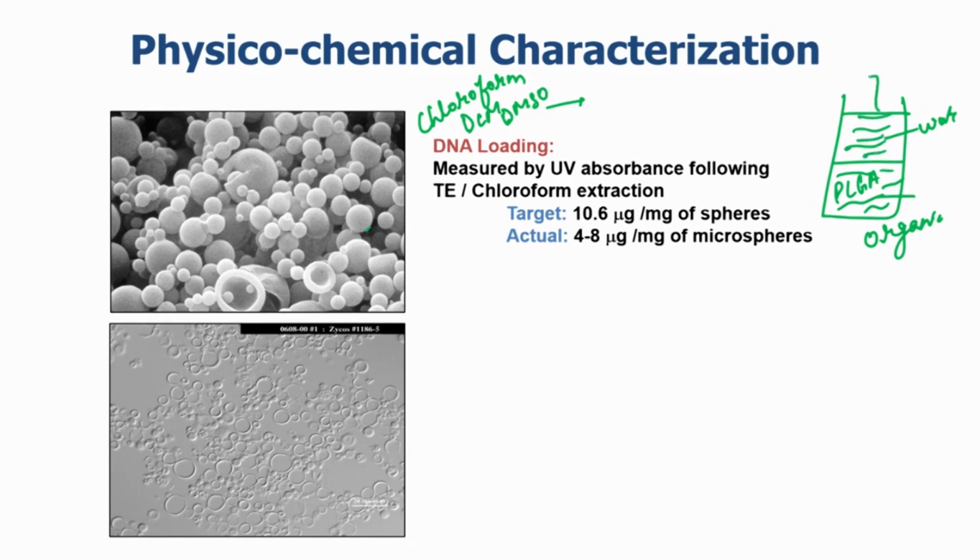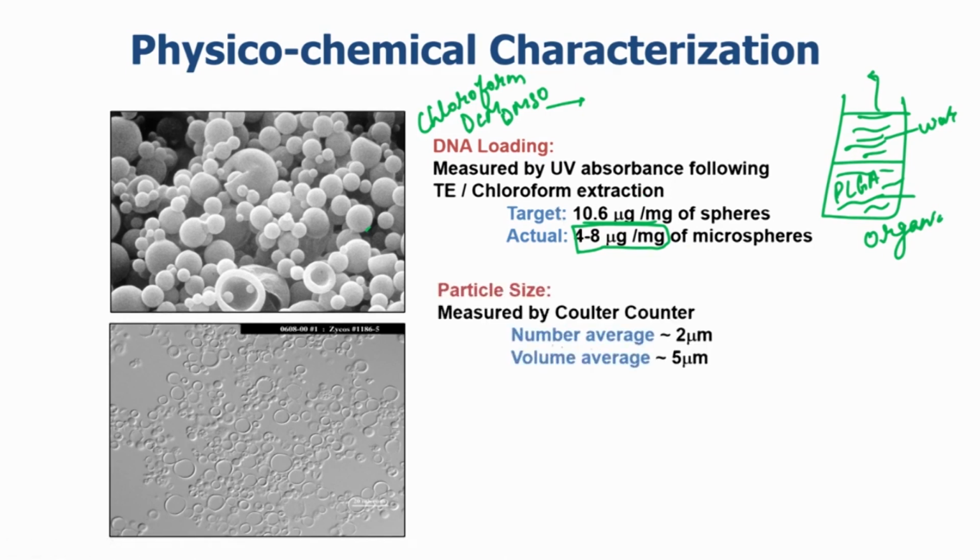Then you can test this with various absorbance assays, since DNA has absorbance at a certain wavelength. You can take it out and estimate how much you have been able to load onto the particles. In this case they were targeting 10.6, and they actually got about 4 to 8. That will help you in designing how much dose you want to give to the animal and the patients, depending on how much loading you have.